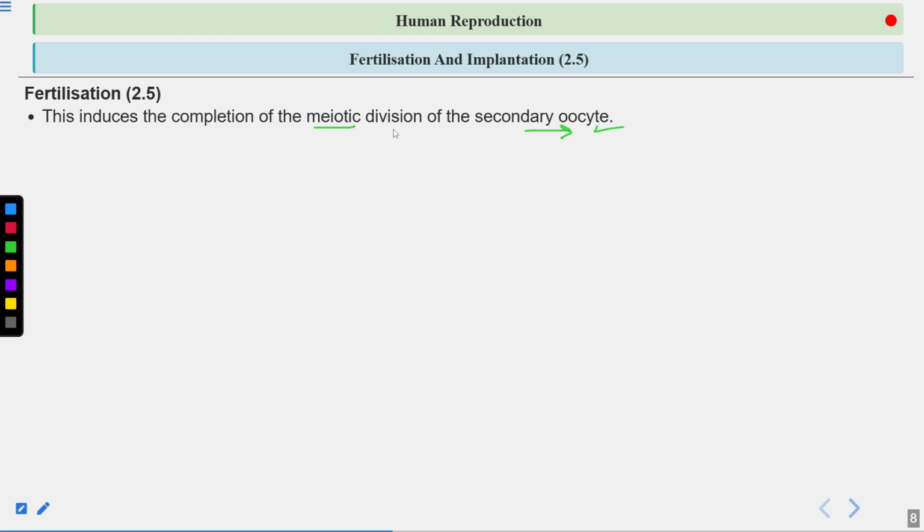It completes its second meiotic division. And secondary oocyte will then form the ovum and the second polar body. You can see here, first polar body was formed after meiosis 1, second polar body is formed after the meiosis 2.